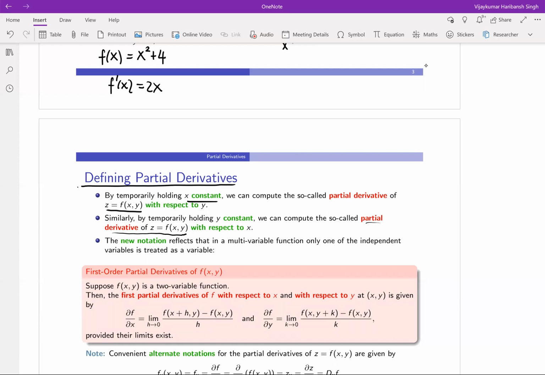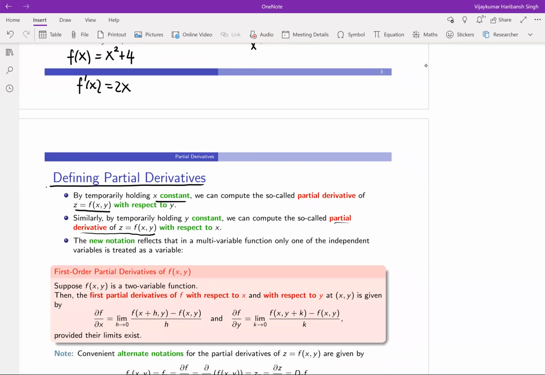Now let's write that mathematically. What does it mean? You're holding x as constant, so in your function f of x, y equals z, you are holding x constant and you're allowed to change y.